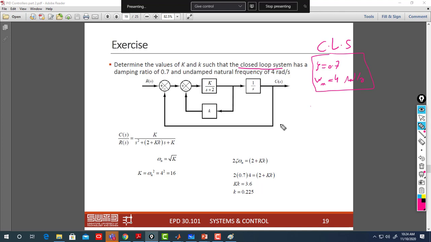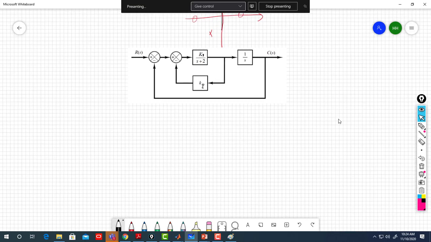So how to go in this exercise? You need to find the closed loop yourself. Like here, maybe I did the solution. I'm solving it. Yes, you need to find C of S over R of S, right? And how difficult is finding C of S over R of S? First we do this small inner loop.